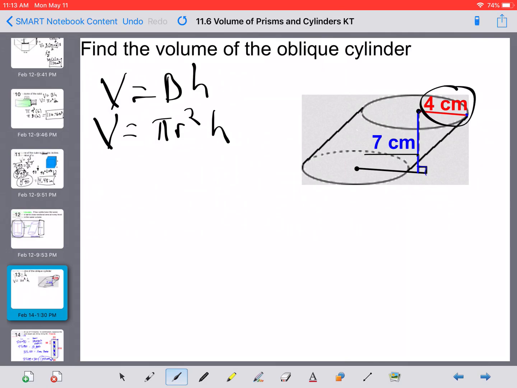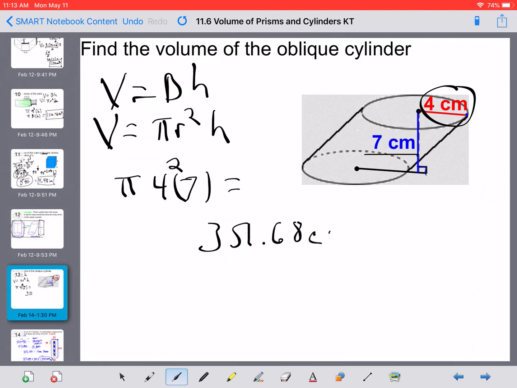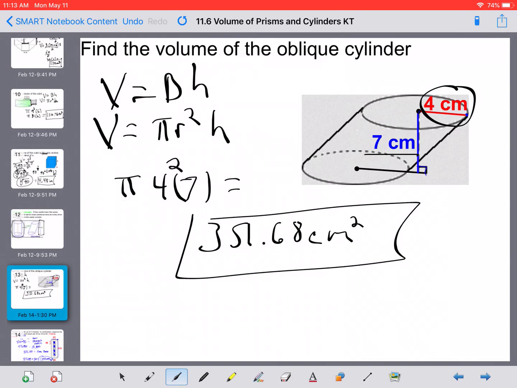So we just say pi times 4 squared times 7 equals, just punch that in your calculator, and you get 351.68 centimeters squared. And that is really it for this lesson.